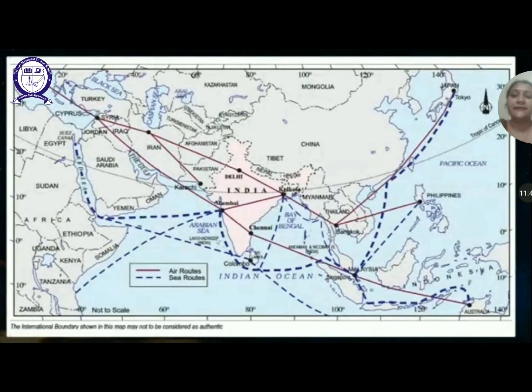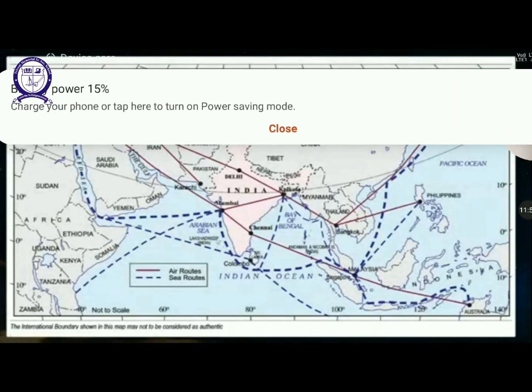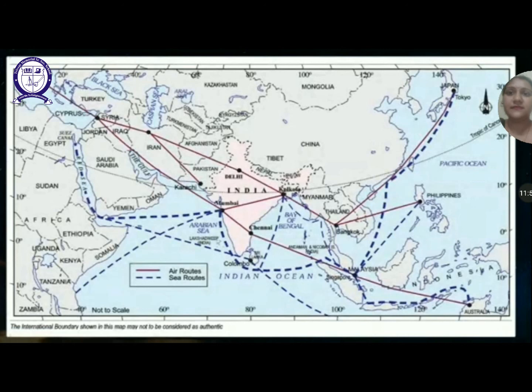So India has not only land routes, it also has sea routes. By the sea routes or coastal lanes of India, and its large land boundary, India has developed links with its neighboring countries. It contributed to the exchange of ideas and commodities since ancient times.